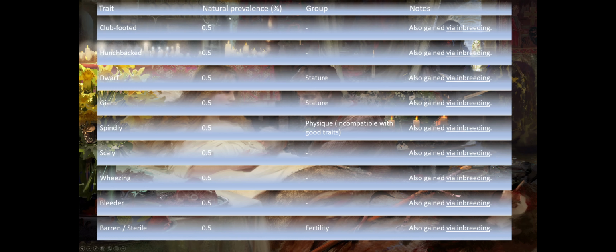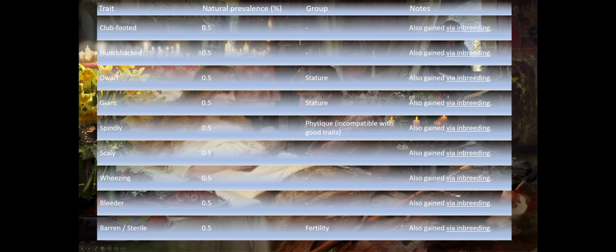And as you can see, there's a natural prevalence here. Just because you've started doing some inbreeding means that these negative traits can enter your bloodline. So you need to be aware that once you start playing the inbreeding game, there's an actual risk that you could end up with these traits occurring. They're not super likely, but the risk is definitely there for all of them.